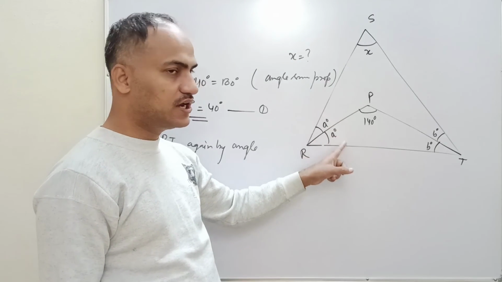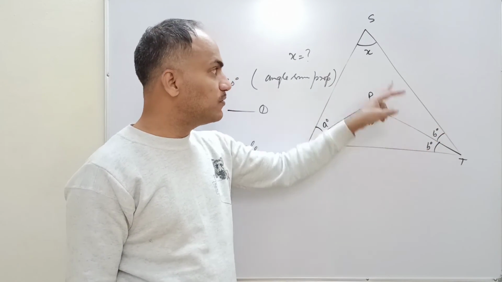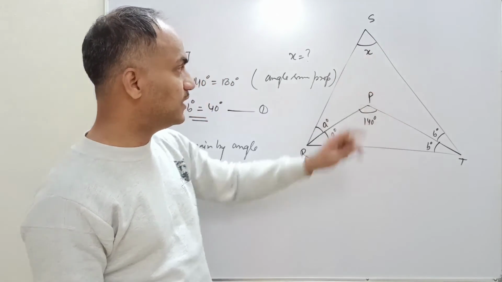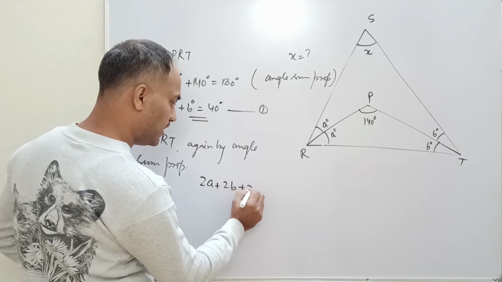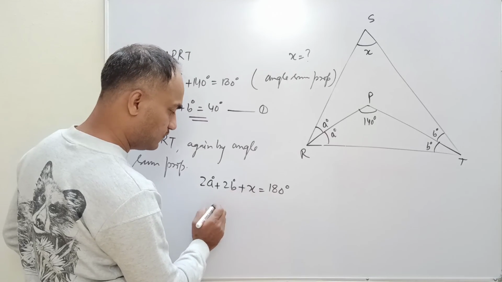X plus this angle. Now the angle is changed. This is 2A. Here it is 2B. Okay, because we are dealing with the bigger triangle. So 2A plus 2B plus X is 180 degrees. Okay, this X we have to find.